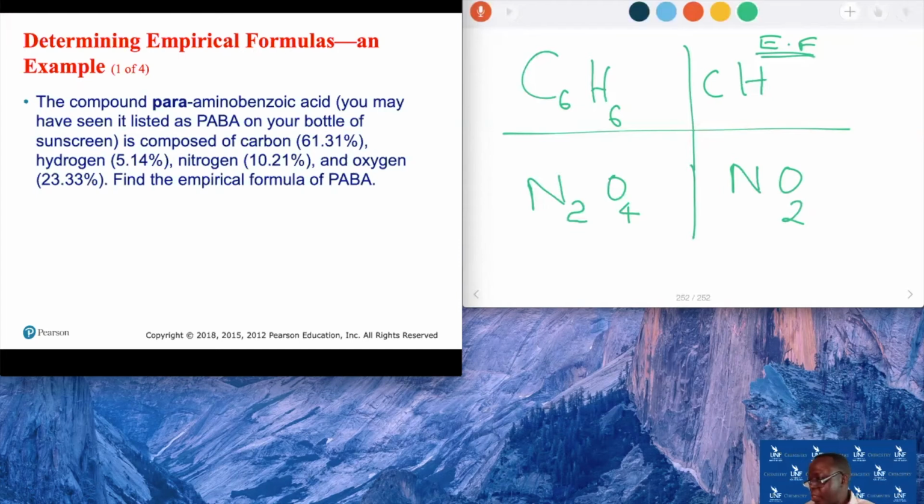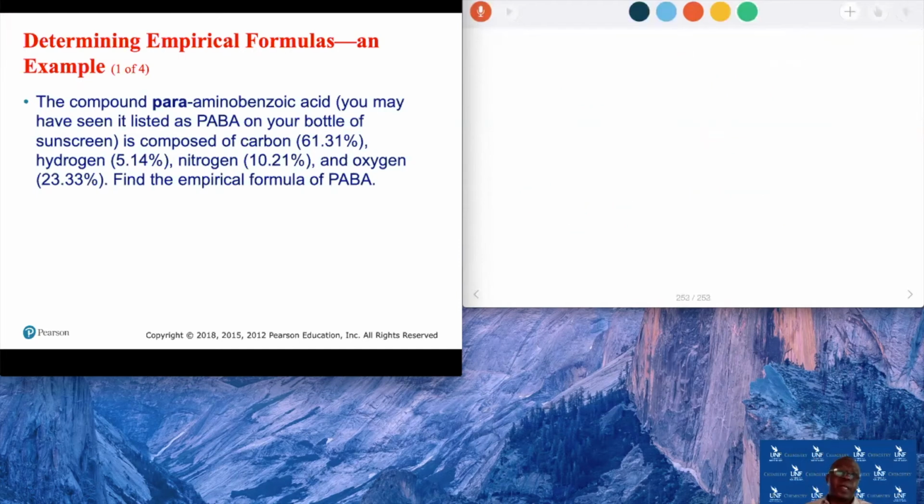Now, whatever percent you are given is assumed to be the mass of that compound. For example, here we have 61.3%. It's assumed that this is the mass of carbon.